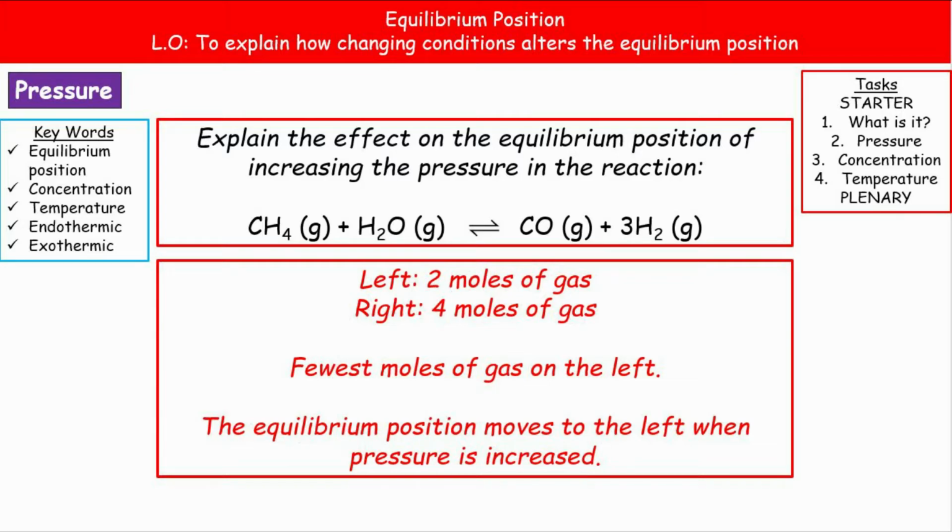So give yourself a mark if you worked out the number of moles of gas on the left, a second mark if you worked out the number of moles of gas on the right, and then your final mark for saying that the equilibrium position moves to the left. So give yourself a score out of 3. If you didn't get it right, I'd suggest you hit pause on the video now and then write the correct steps in so you hopefully can review this and understand how to get it right next time.